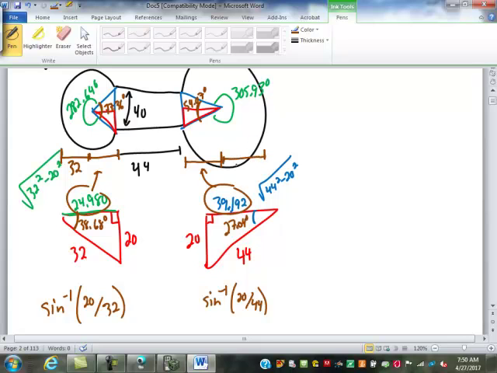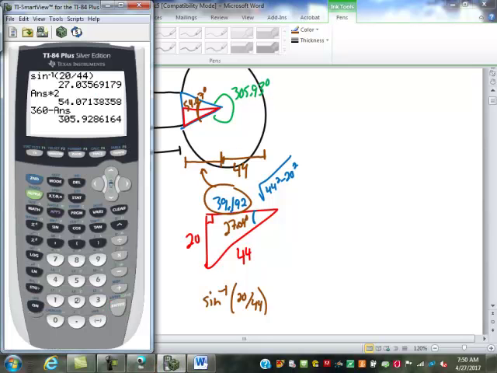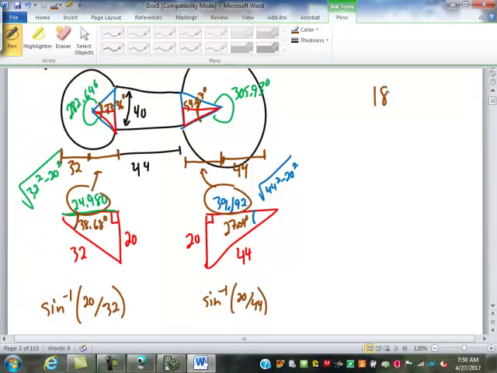And from here to here is 44, just the radius of that circle. Gives me 184.172 is x.